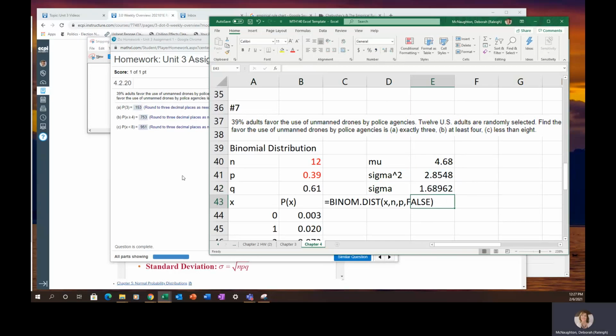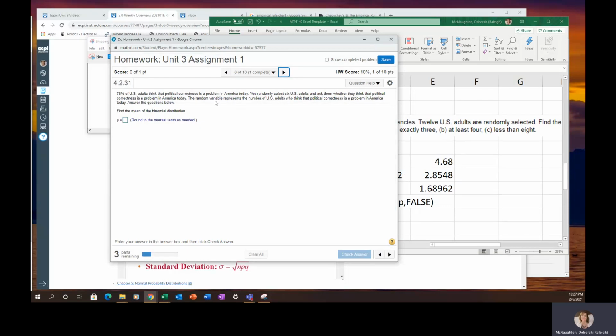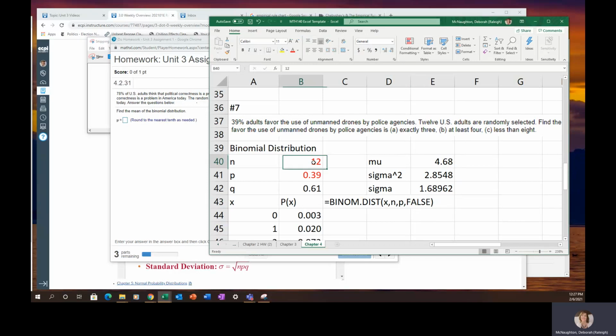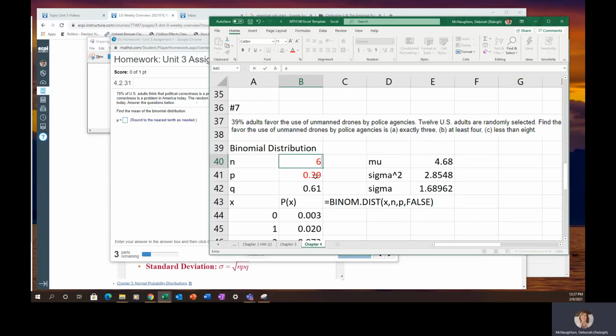Okay, so now when you go to the next one, it's asking you, you randomly select 6 adults and ask them why they think this is a problem. Find the mean. So now I can use this same thing and I can just change this to 6. And my probability is 0.78.